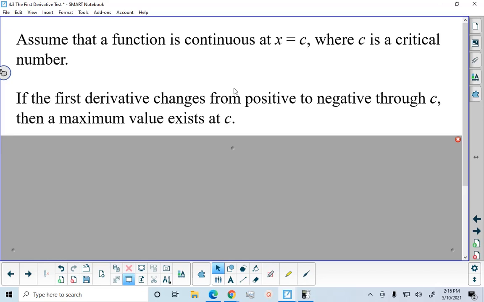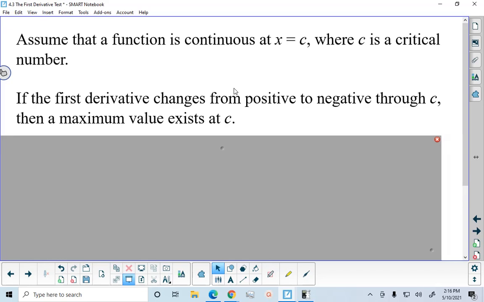Because if the first derivative goes from being positive to negative, the function goes from increasing to decreasing. So before c, you're walking uphill. After c, you're walking downhill, which means at c, you were at the top of the hill.